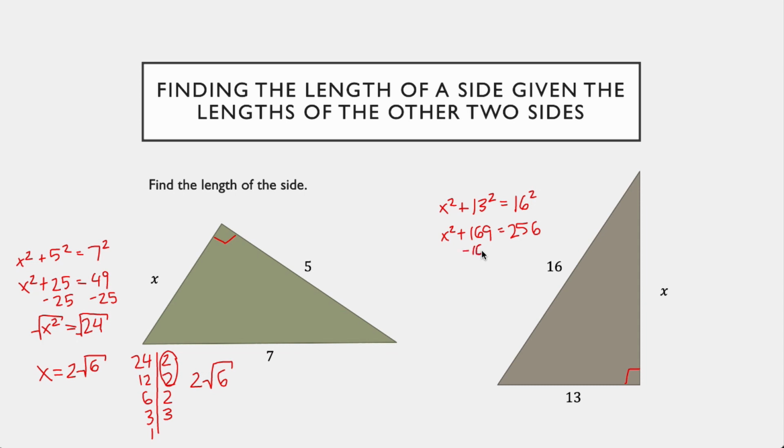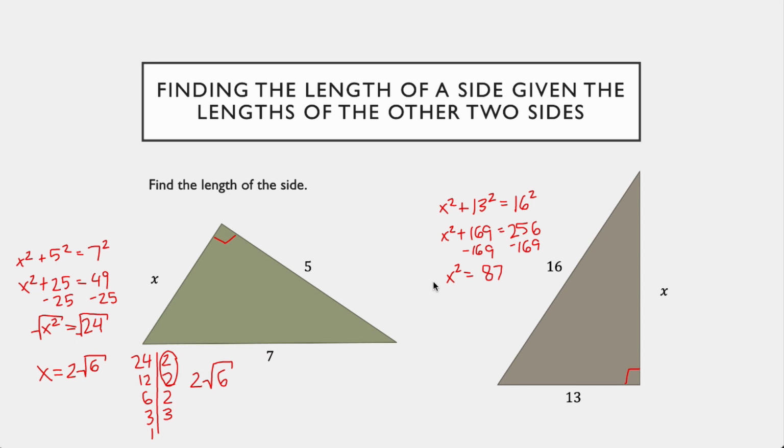Subtract 169 from both sides, and we get x squared is equal to 87. Okay, again, that's not a perfect square, unfortunately, so let's see if we can simplify it.